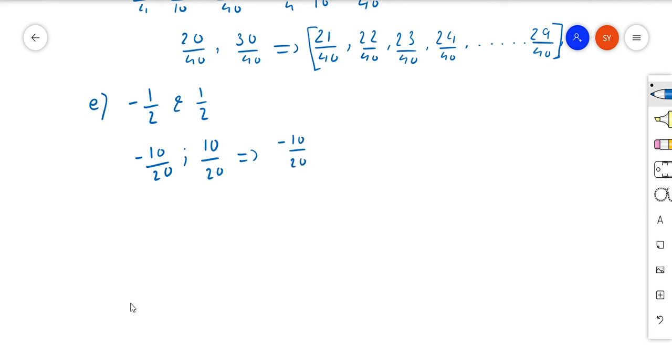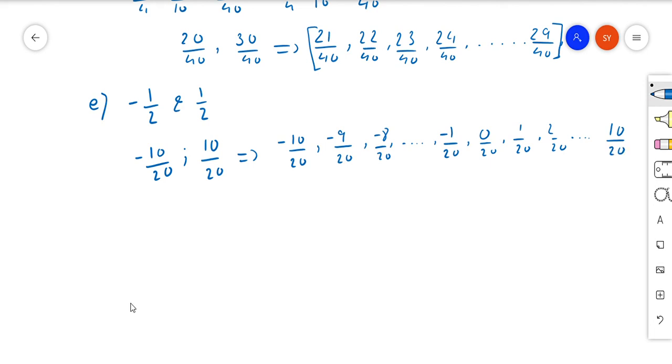Okay, let's see. So it will be minus 9 by 20, minus 8 by 20, and so on. It will come till minus 1 by 20, then 0 by 20, 1 by 20, 2 by 20, so on till 10 by 20.